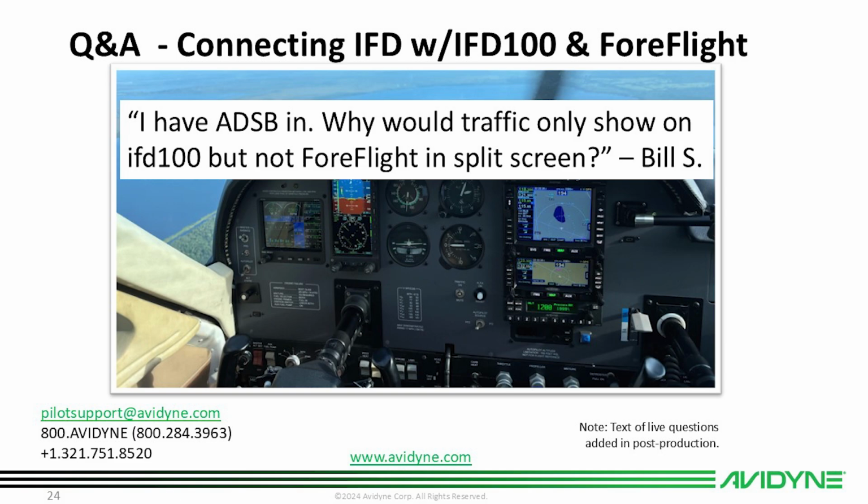Well, my follow-up question would be, does it work with just ForeFlight? The second thing would be possibly a filter in ForeFlight. When I fly, I do have a traffic overlay as well as all the weather, so there's really no reason it shouldn't work. You may want to send a text to pilot support at Avidyne.com and we'll see if we can figure out what's going on there.